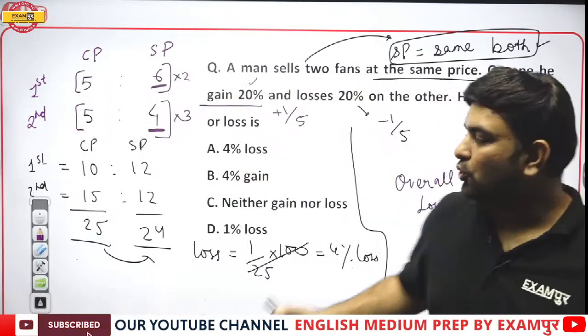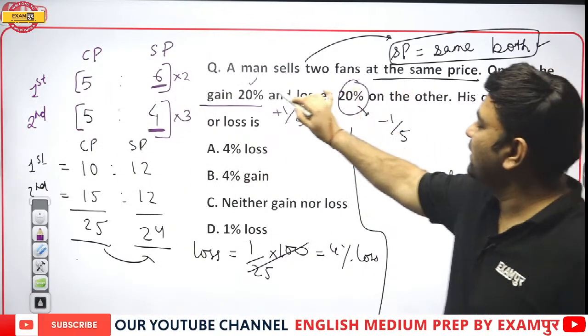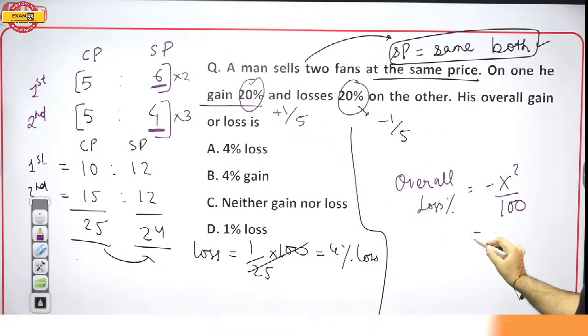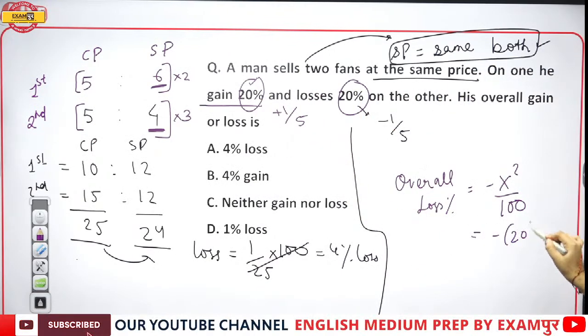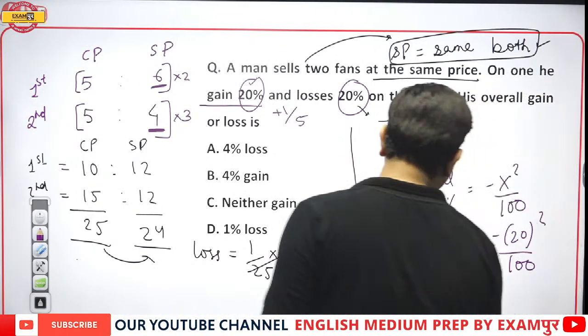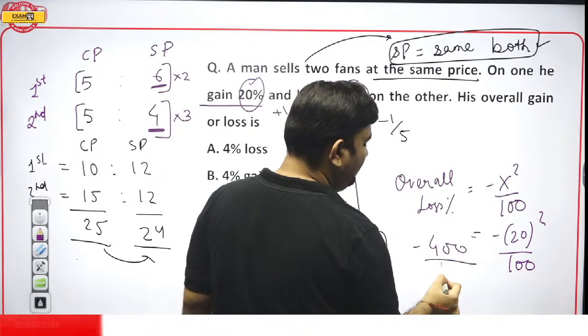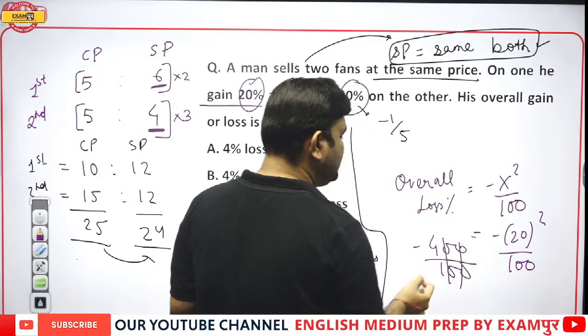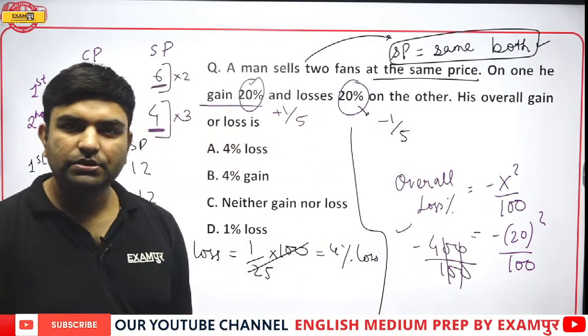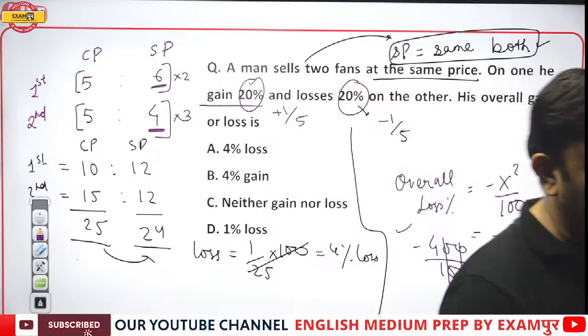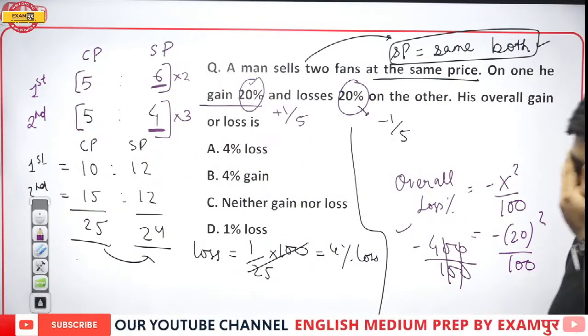So here 20, here as well 20. So it is minus 20 squared divided by 100, so minus 400 divided by 100. Minus is denoting overall loss. So 4% loss.